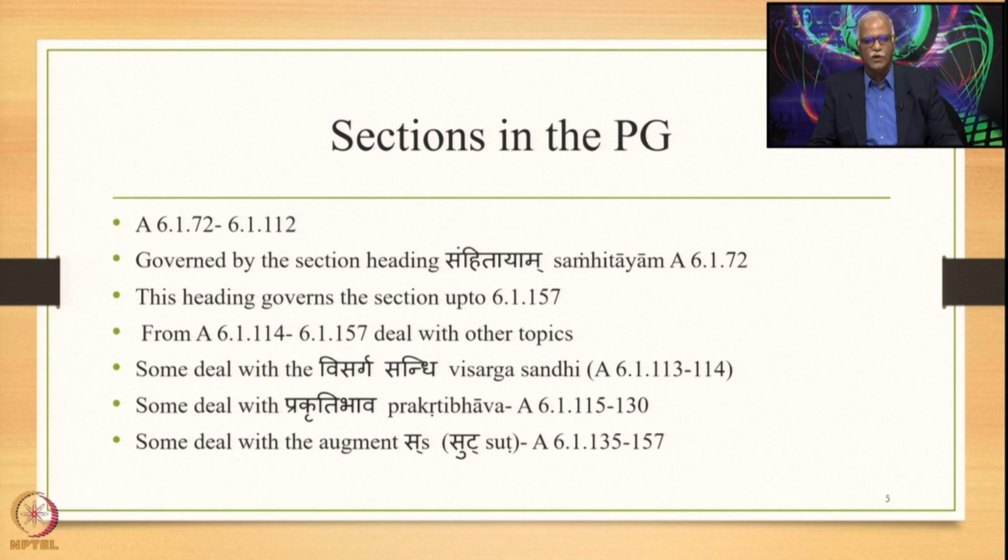From 6.1.114 up to 6.1.157, that means the remaining part of the Samhitayam Adhikara, they deal with some other topics. For example, from 6.1.113 to 114, the two sutras deal with what is classified as Visarga Sandhi and will be dealt with in that section when we shall study Visarga Sandhi. There are some more sutras which deal with Prakriti Bhava.